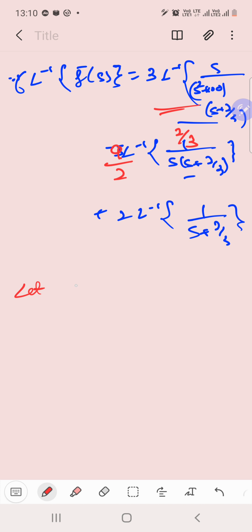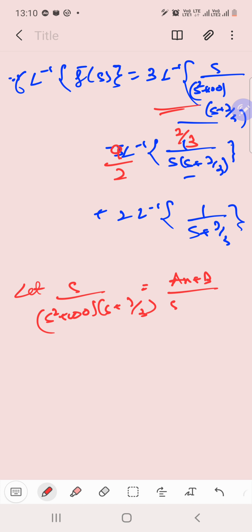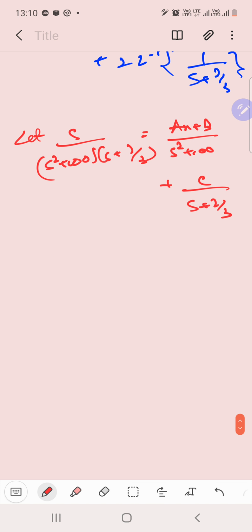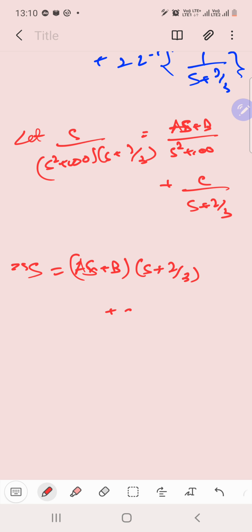Let s over s square plus 100 times s plus 2 by 3 equal (as plus b) over s square plus 100, plus c over s plus 2 by 3. From here we get s equals (as plus b) times s plus 2 over 3, plus c times s square plus 100.